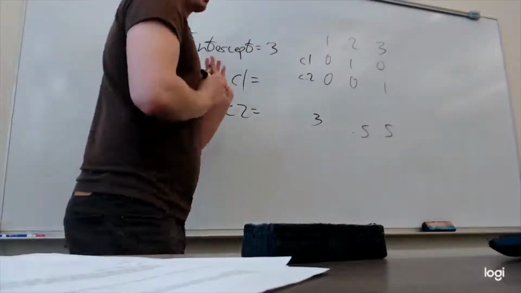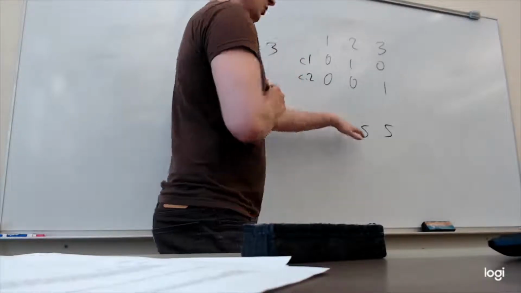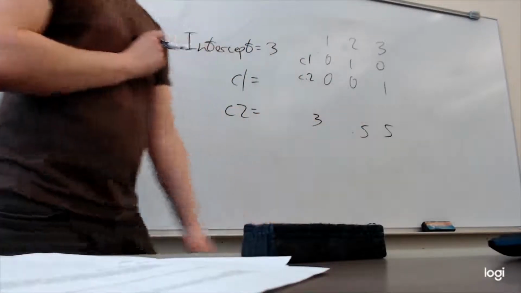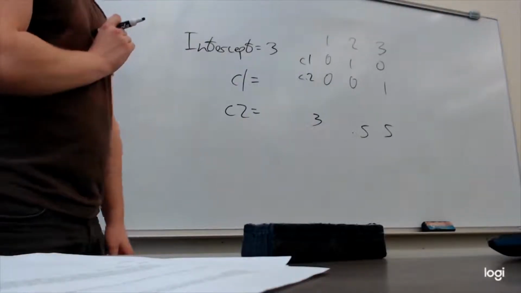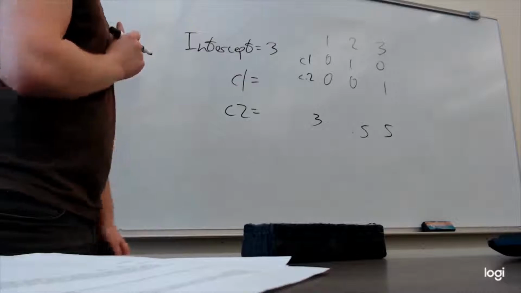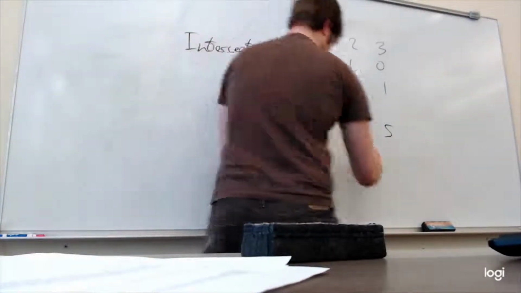The coefficient for C1 tells you by what number you have to multiply 3 in order to get to 0.5. 0.5 divided by 3.